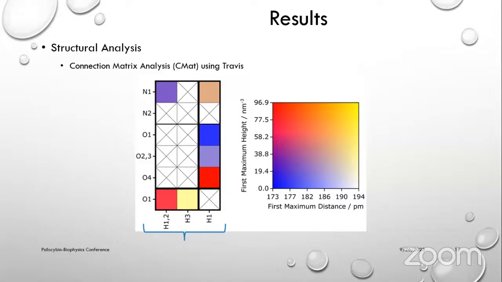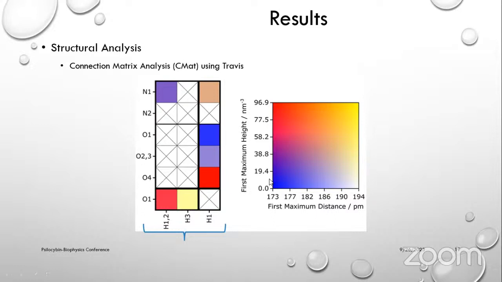This part shows the arrangement of the polar atoms, but we also have the hydrogens, which can be from the drug like psilocybin, or hydrogens from the solvent.